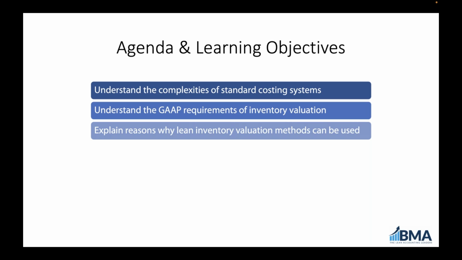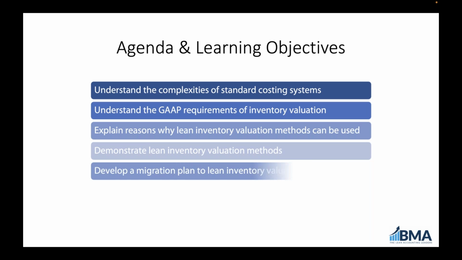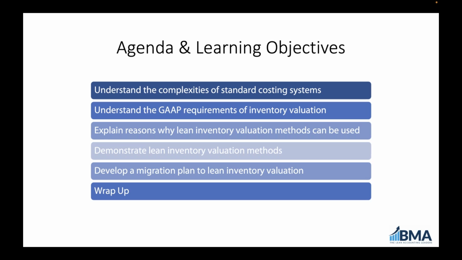Then we're going to look at the reasons why lean inventory valuation methods can be used and are still in compliance with generally accepted accounting principles. I'm going to demonstrate a couple methods for you and then give you a roadmap of how you can develop a migration plan to lean inventory valuations. Then we'll have a quick wrap up.